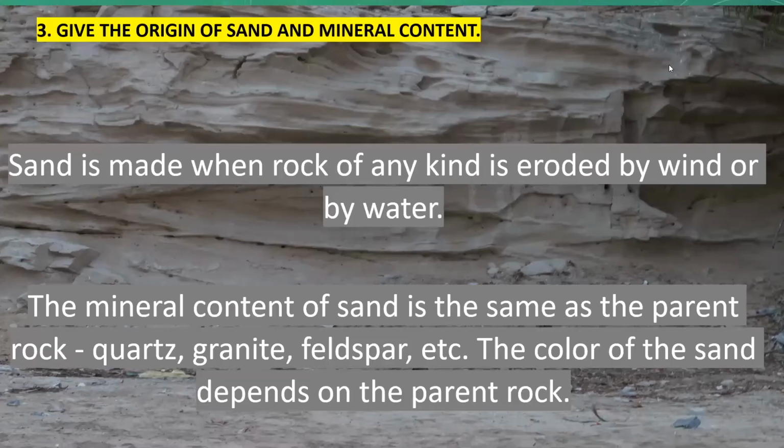So the origins of the sand. Sand is made when rock of any kind is eroded by wind or water. The picture in the background is taken in Sharjah, Al Jubail area, inland. It's basically inside the town, but not so crowded. The mineral content of the sand is the same as the parent rock: quartz, granite, feldspar, and the color of the sand depends on the parent rock.